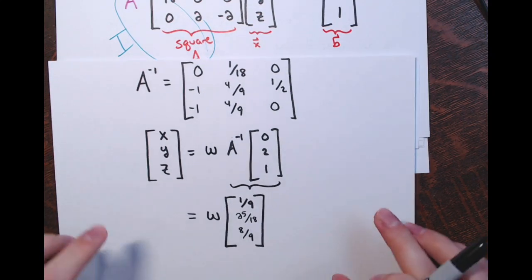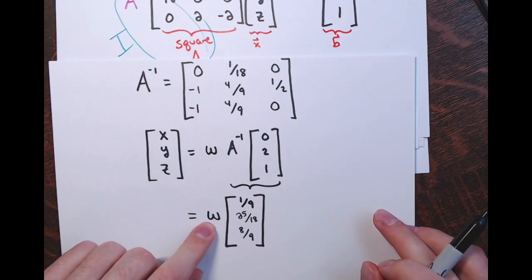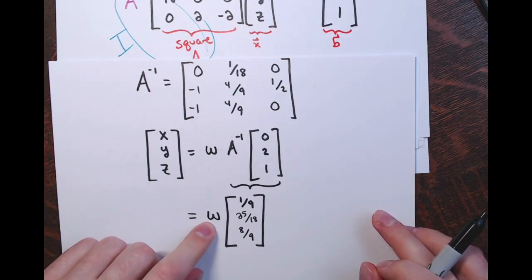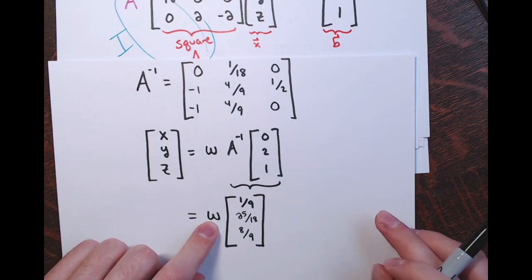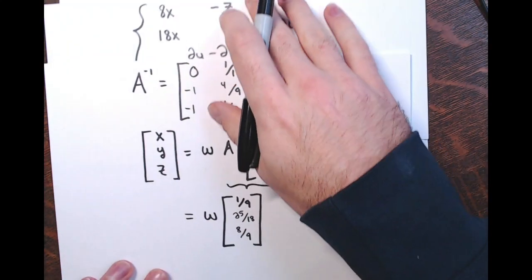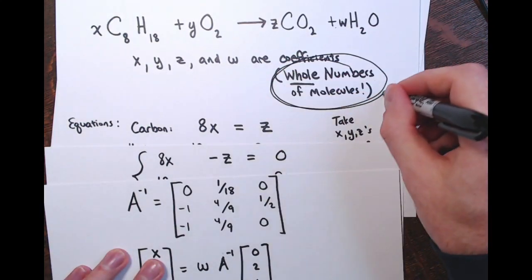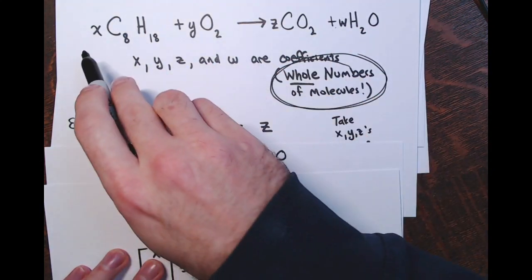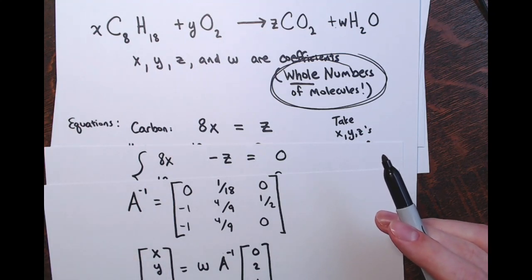So here we have our solutions, but in terms of W. Remember, W is kind of like a free variable here, so I can pick W to be any number I want. But remember what I said at the very beginning of this example. These are coefficients, these are numbers of molecules. You cannot have fractions of molecules.